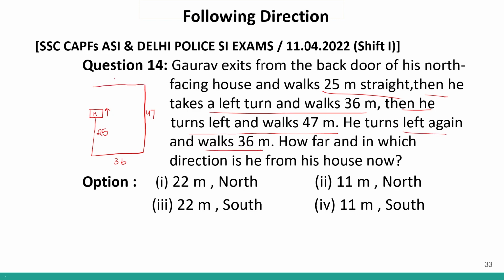In a straight line from the house, we have to find how far and in which direction he is from the house now. The direction is north, and the distance is 47 minus 25, which gives me 22. So 22 meters north is option number 1, the correct answer.